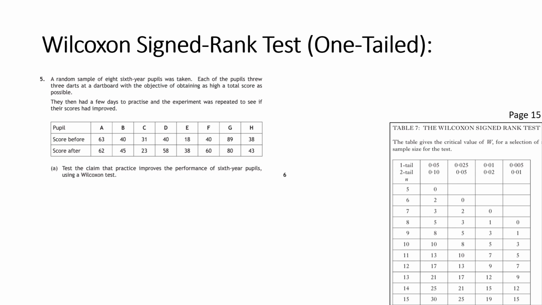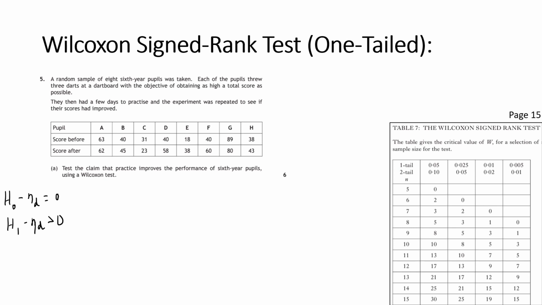So what I would do here, I would say that our H0 is the median difference is 0, and H1 is that the median difference is greater than 0.